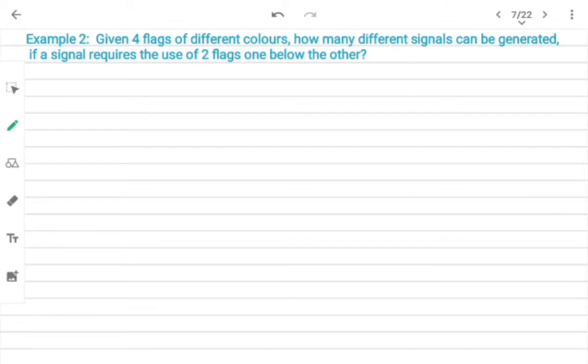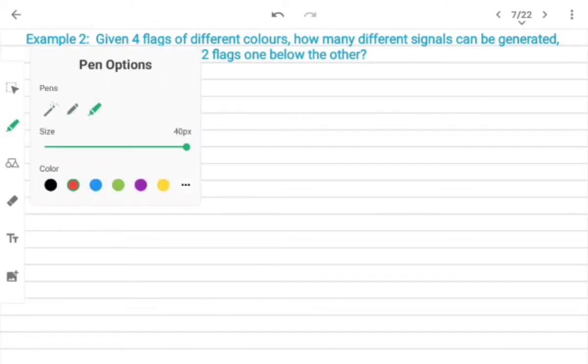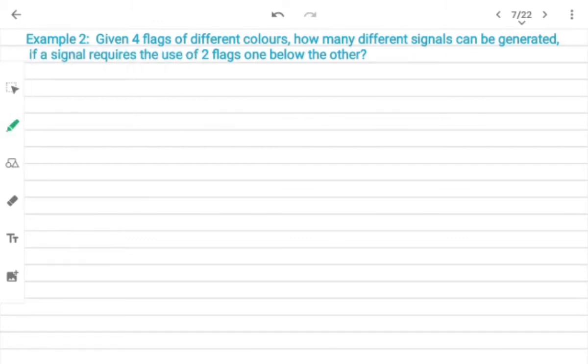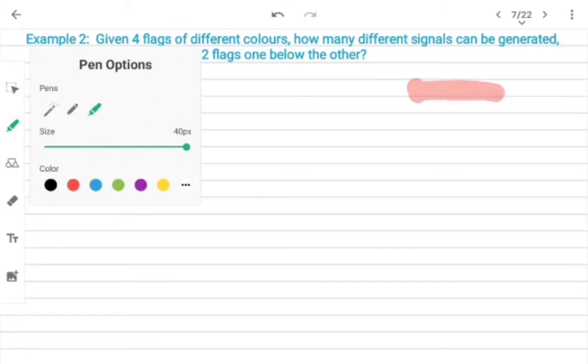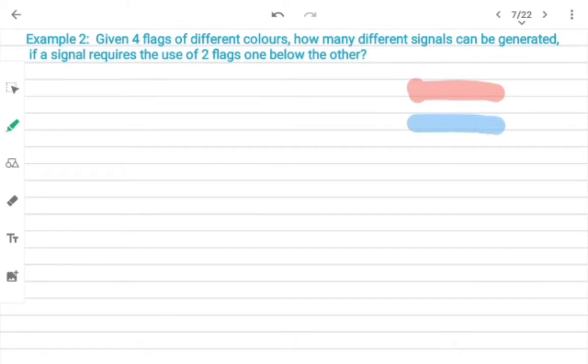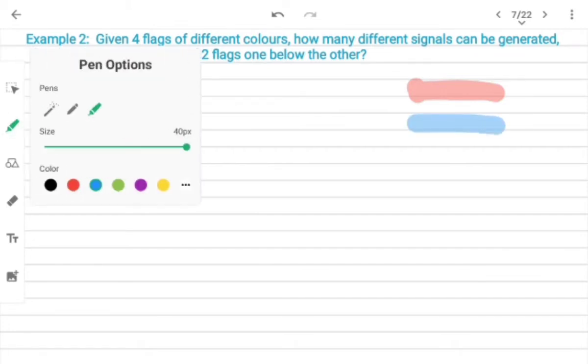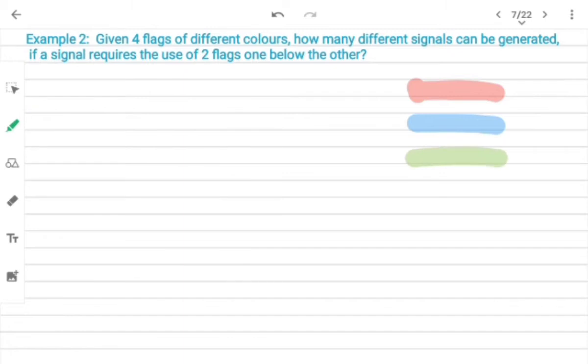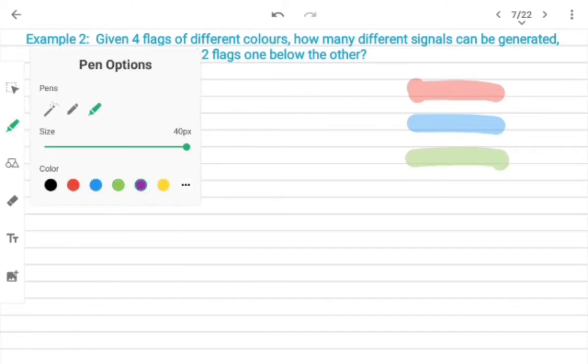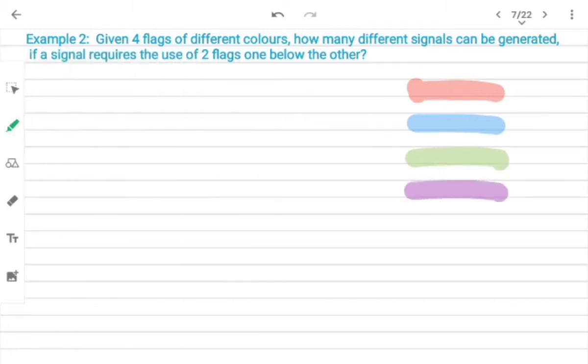Given 4 flags of different colors. Here they have given different colors. For that I will show one red color flag, another blue color, another green color, another I am taking purple. This is the 4 color flags.